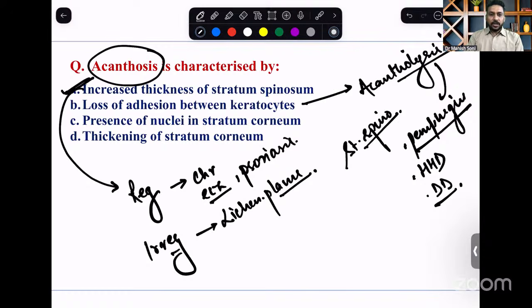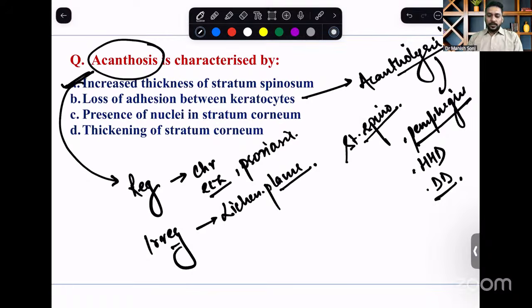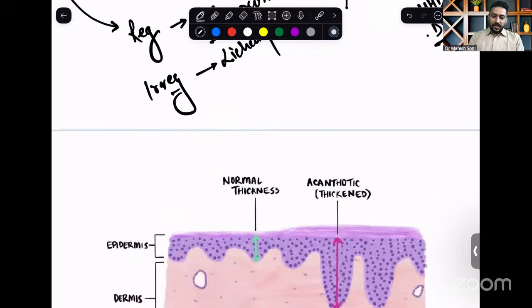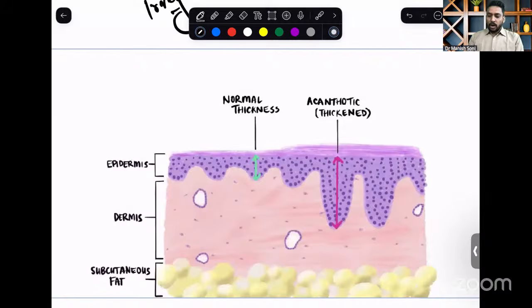Now, if you see the third option, they are saying presence of nucleus in stratum corneum. Normally this topmost layer, that is stratum corneum, doesn't have a nucleus. But if a nucleus is present here, that is known as parakeratosis.